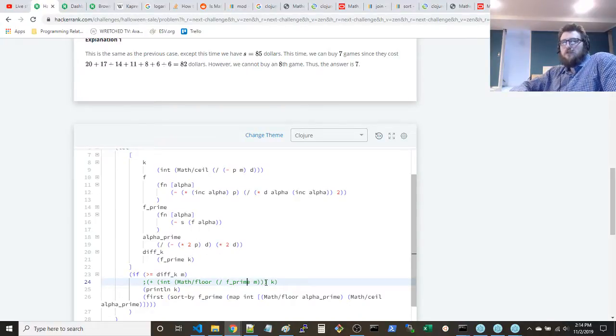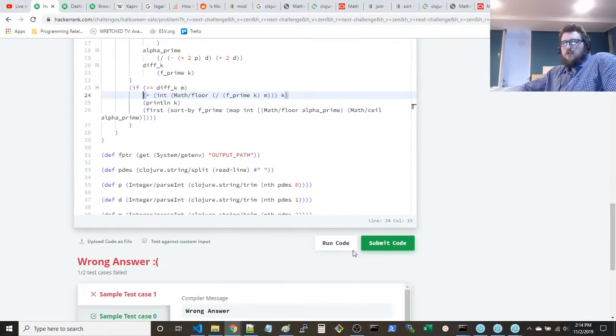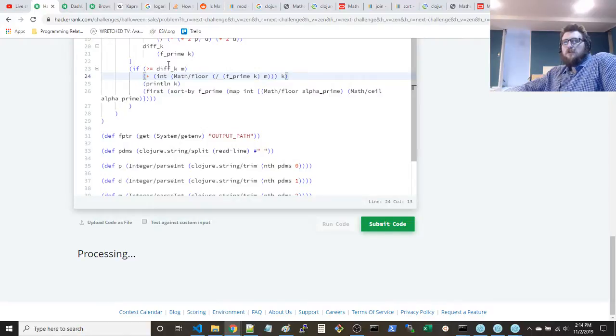f prime of k, in fact. I think that's what we're looking for. I thought it was difference k. Oh no, it's the same thing. Wait a minute, what?